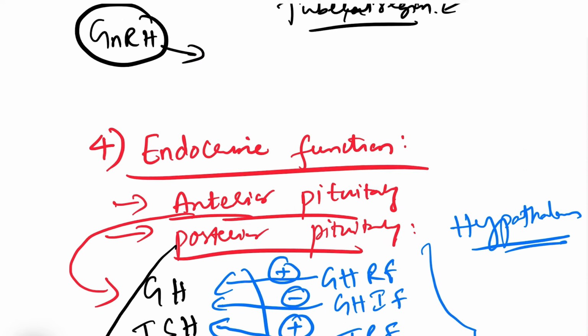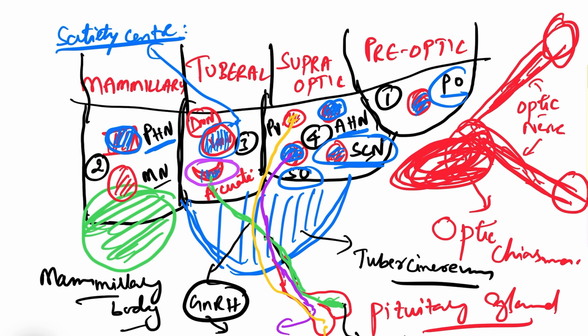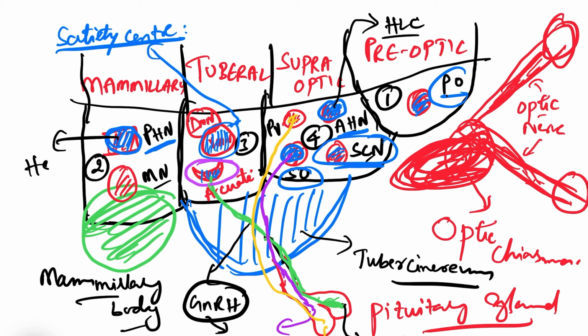Let me show you the diagram once again as it is very important. Here, the anterior hypothalamus is called the heat loss center, and even the preoptic area, whereas the posterior hypothalamus is called the heat gain center.